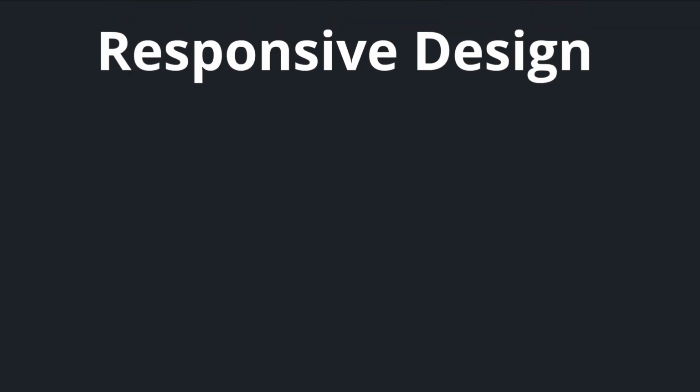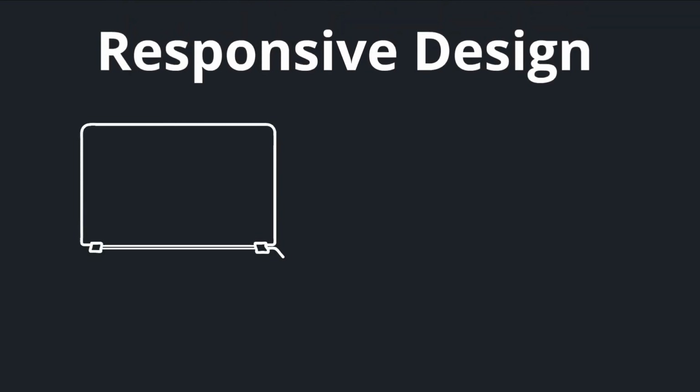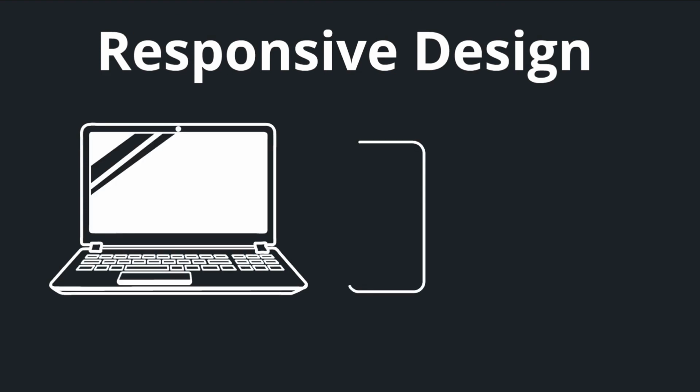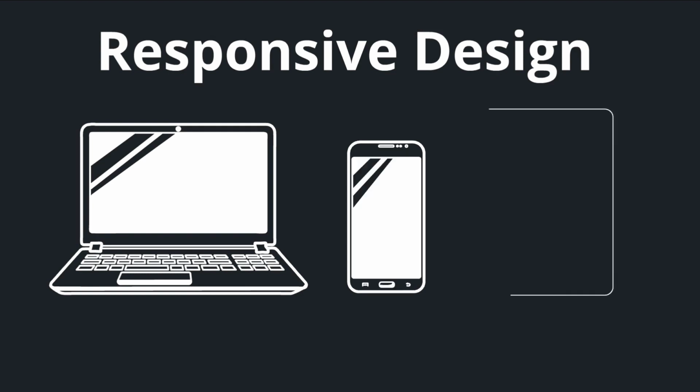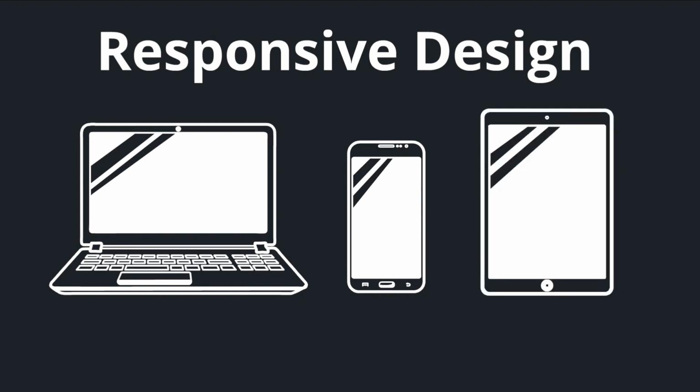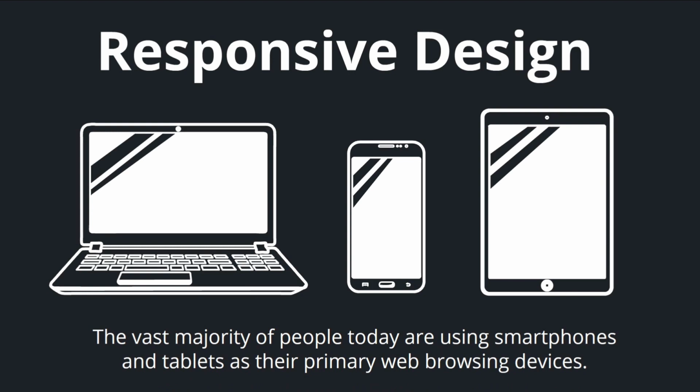First and foremost is good responsive design. Now, almost all WordPress themes today are responsive, which means they automatically adapt to different screen sizes. So whether you're viewing the website on a big 27-inch monitor, a tablet, or a smartphone, it automatically scales down and looks great on any device. The vast majority of people today are using smartphones and tablets as their primary web browsing devices.